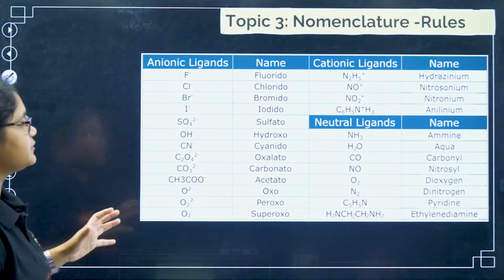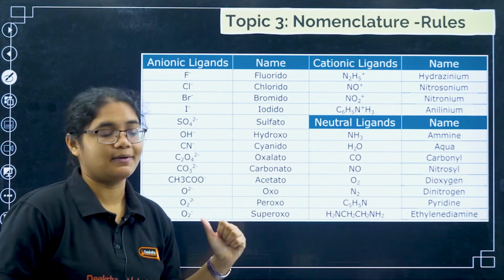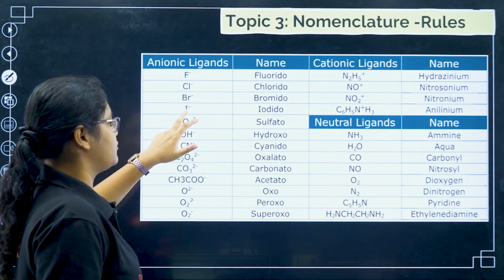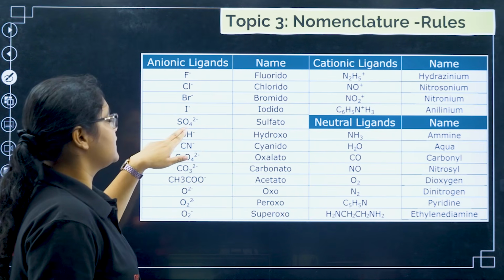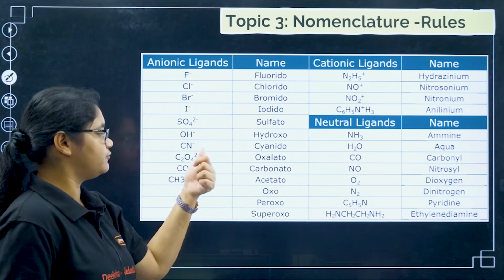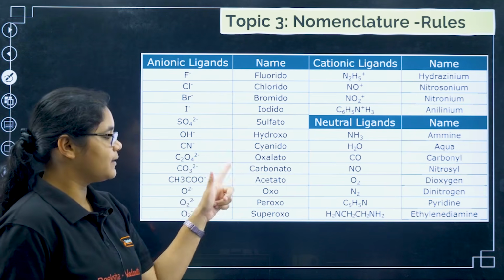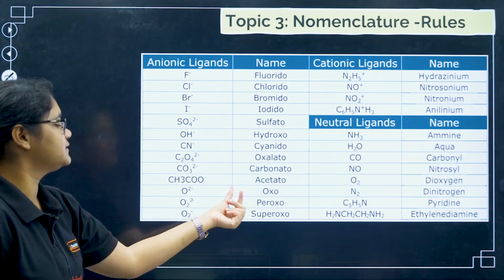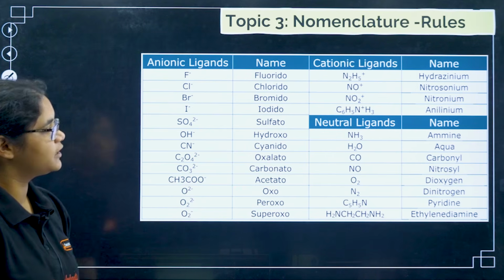So here are some examples of the ligands and their names that you should remember. Fluorine is fluorido, chlorine is chlorido, bromine is bromido, iodine is iodido, sulfate is sulfato, OH is hydroxo, CN is cyanido, C2O4 is oxalato, CO3 2- is carbonato, O2- is oxo, O2 2- is peroxo, O2- is superoxo.